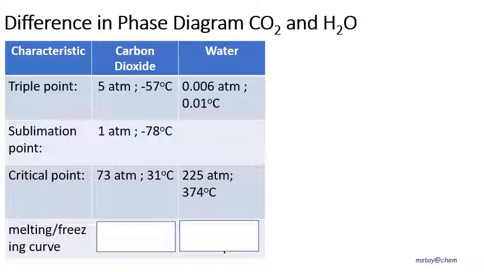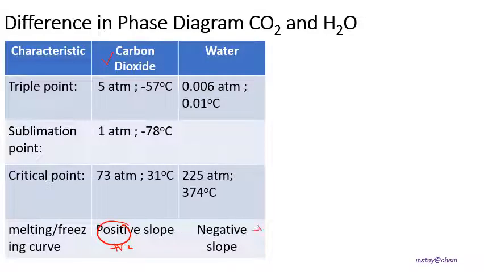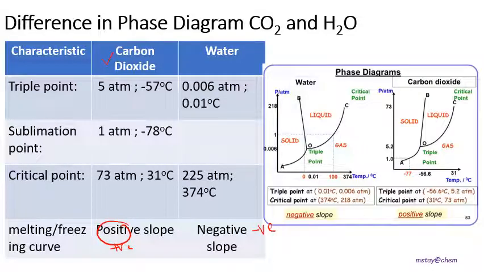The main difference between both phase diagrams is the slope of the melting and freezing curve, where carbon dioxide shows a positive slope, while water shows a negative slope. Let's check out here: negative slope of BO, the freezing curve for water, and then positive slope for the freezing curve of carbon dioxide.